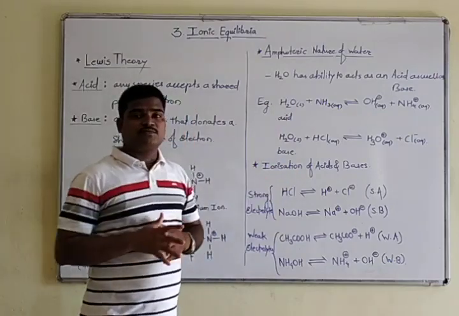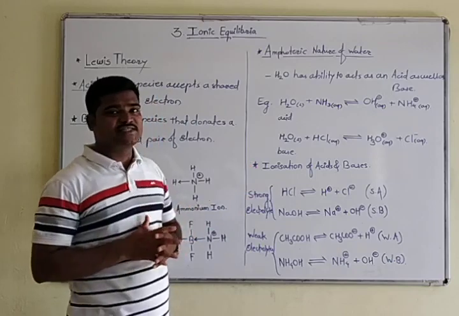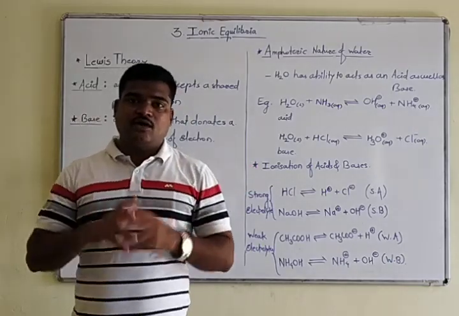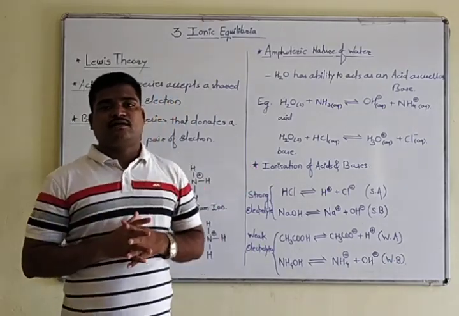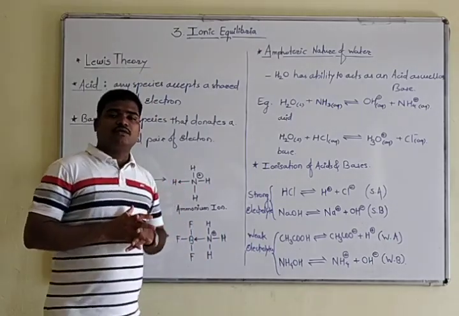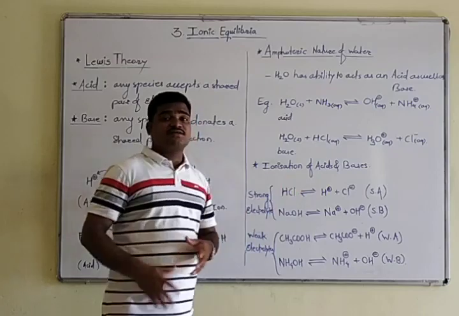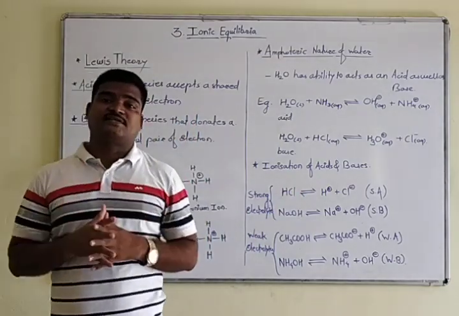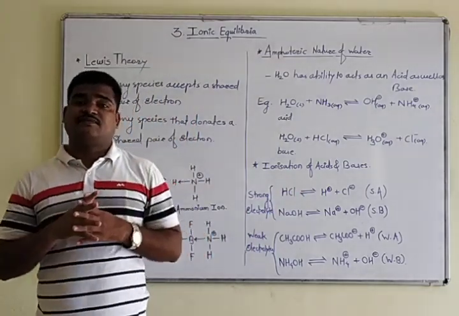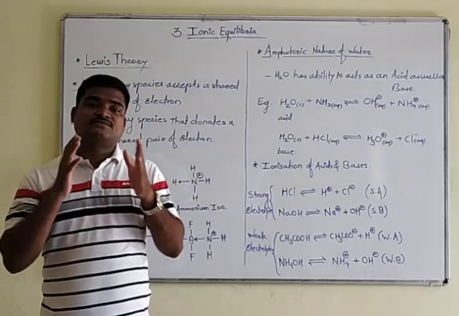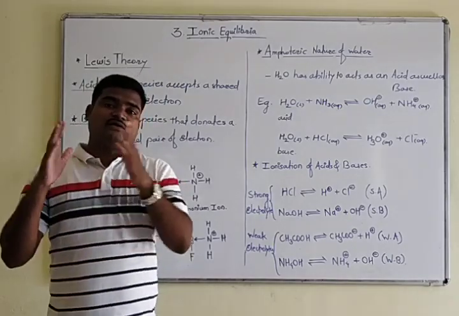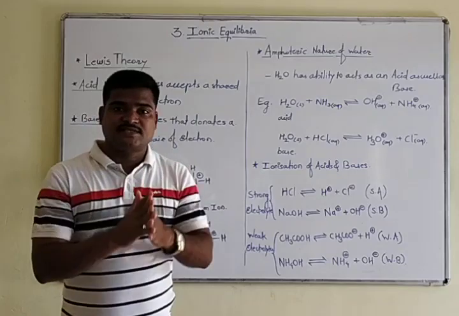Then we will move to the next point, that is ionization of acids and bases. You already know that in the last video we illustrated the ionization concept for acids and bases. We saw their classification: which are strong acids, strong bases, weak acids, and weak bases.